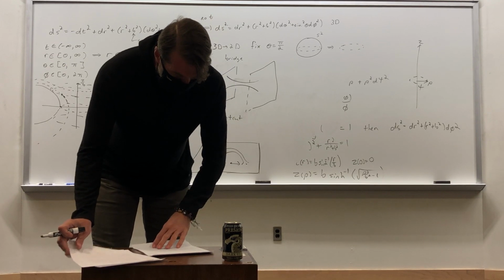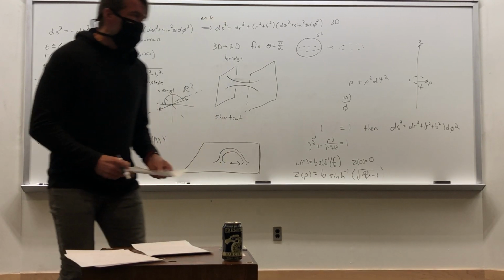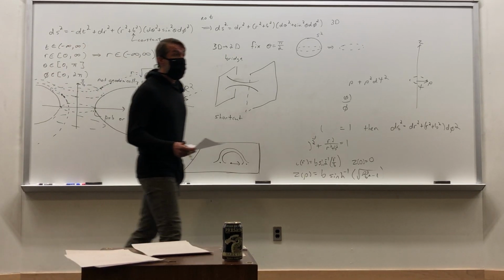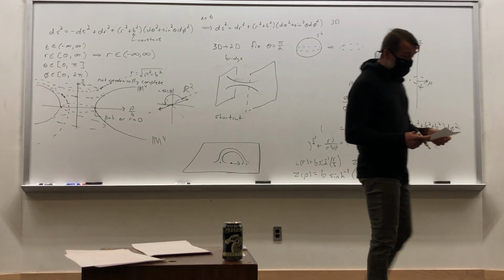Now, if you think about it, these are smooth geometries. These are geometries without any infinite curvature. There are no black holes here. So you might wonder, can these things exist?